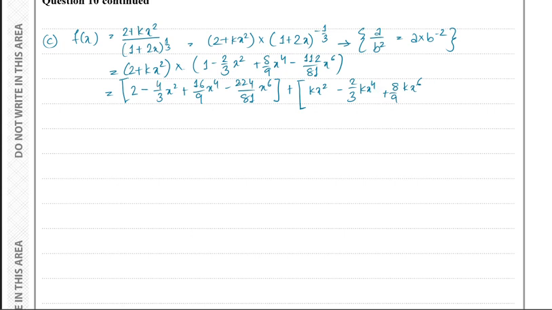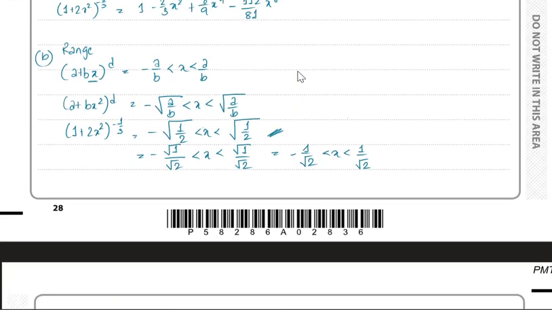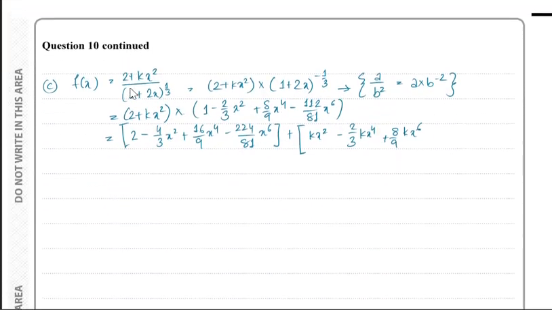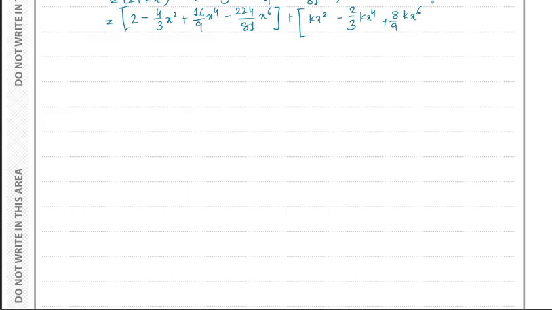We don't need to write any further, because kx squared multiplied by minus 112 by 81 x to the power 6 will be x to the power 8, and they have asked us to go up to x to the power 6. So we don't need that.